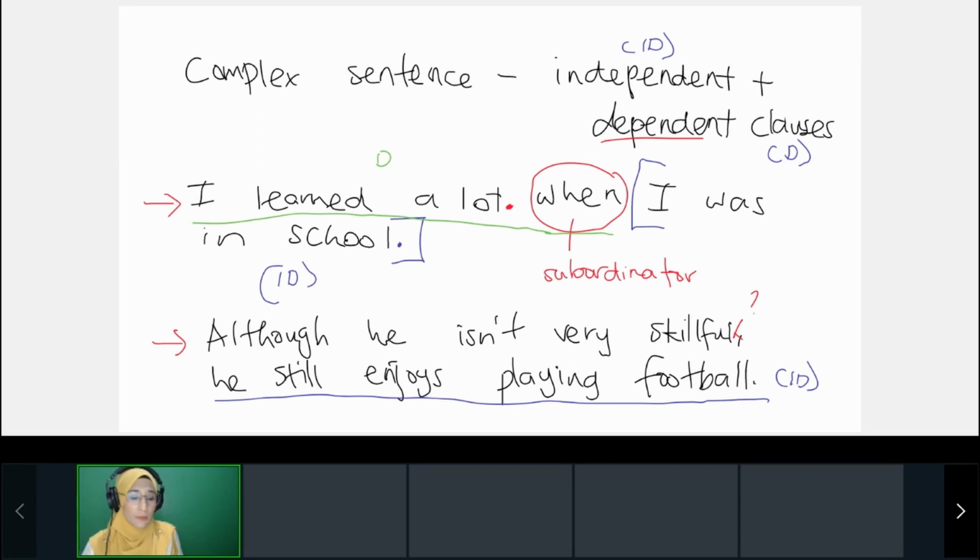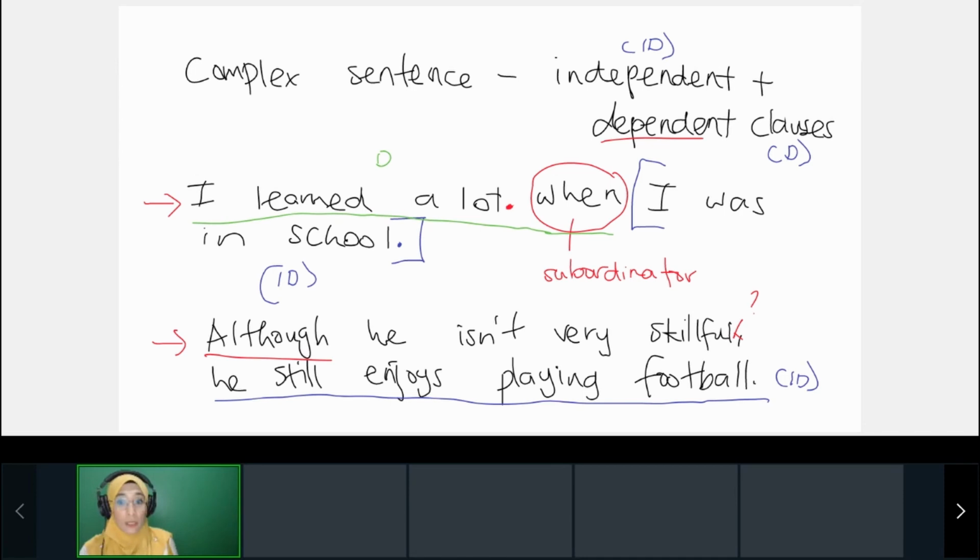It doesn't sound complete here, because of this word, although. This is a subordinating conjunction. So although he isn't very skillful, then you need to have another sentence or phrase.